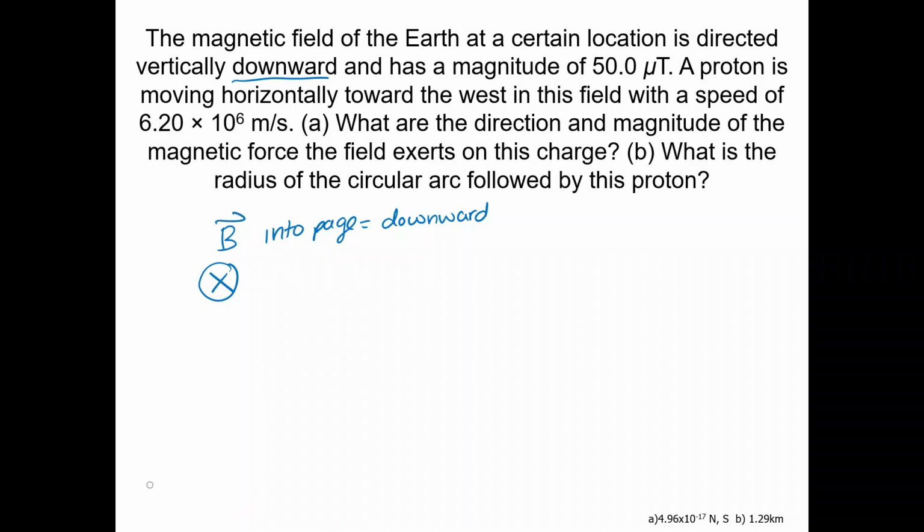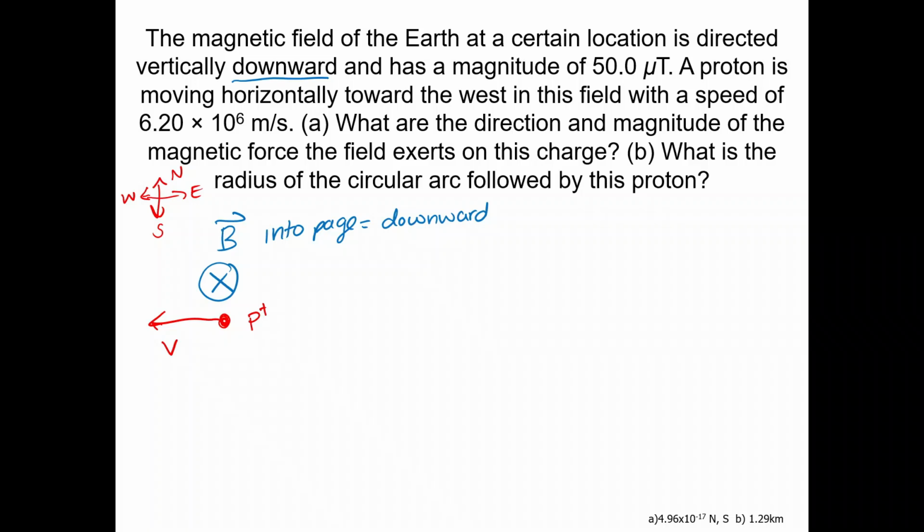And then I know that my charged particle is moving towards the west. So then I'm going to find north, south, east, and west. So I'm going to have a charged particle, in this case, a proton, moving west with a speed of v equal to 6.20 times 10 to the 6 meters per second.